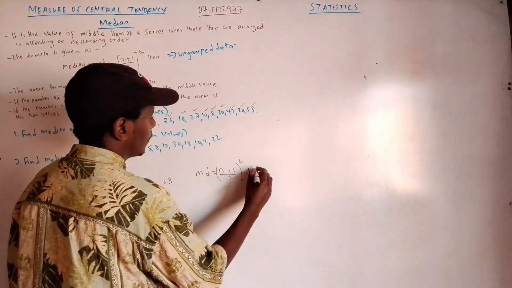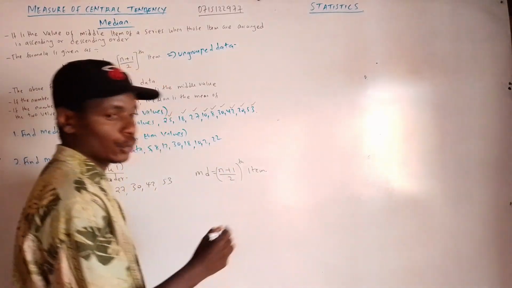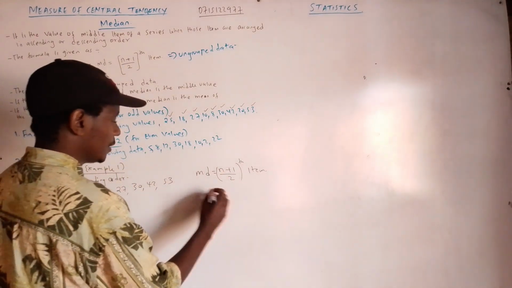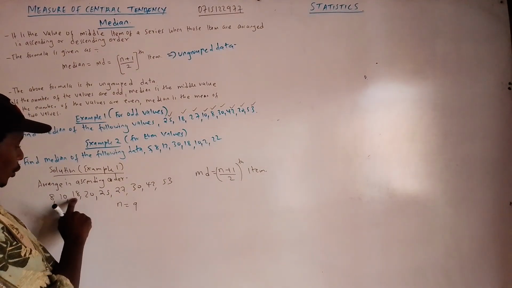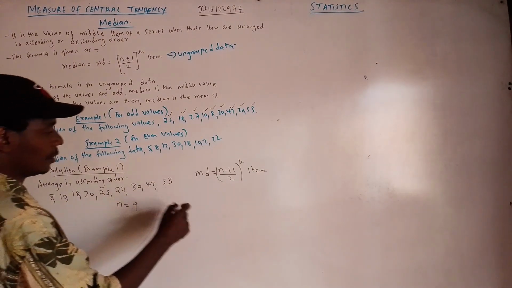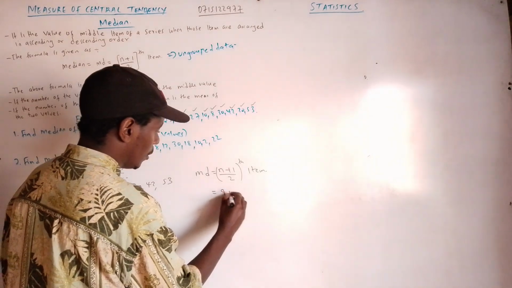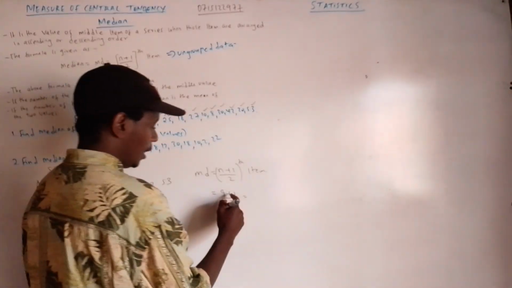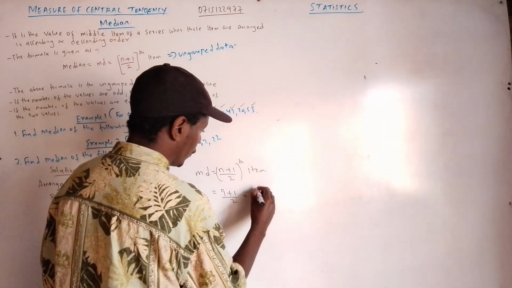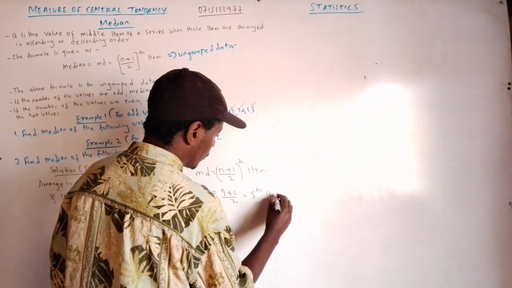So let us compute. Our n is 9. So it will be equal to 9 plus 1 divided by 2, which is 10 divided by 2, that is 5. So it is the fifth item.